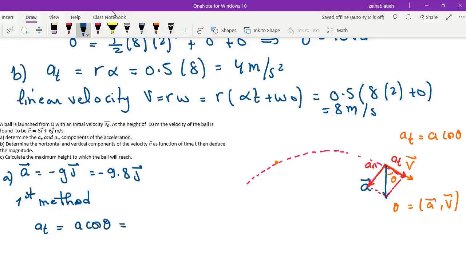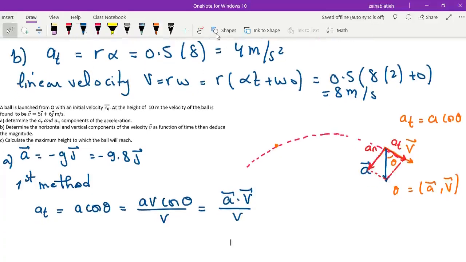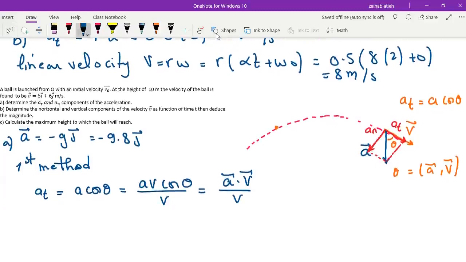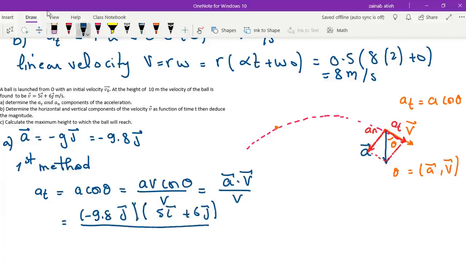How can I find theta? I will multiply by V on top and the speed on the bottom. The magnitude of the acceleration times V times cosine theta is A dot V over V, as you surely know. So A dot V is AX VX plus AY VY over the speed. At this moment, A is minus 9.8 J and V is 5I plus 6J, over V, which is the speed, radical 5 squared plus 6 squared.